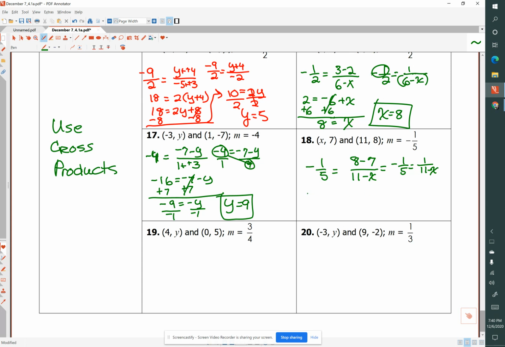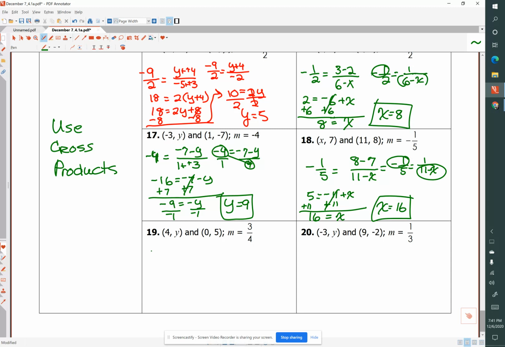And 5 times 1 is 5 equals negative 11 plus x, because we've got negative 1 times 11 minus x, and negative times a negative is a positive. So that will be plus x. We'll add 11 to both sides. And x equals 16.